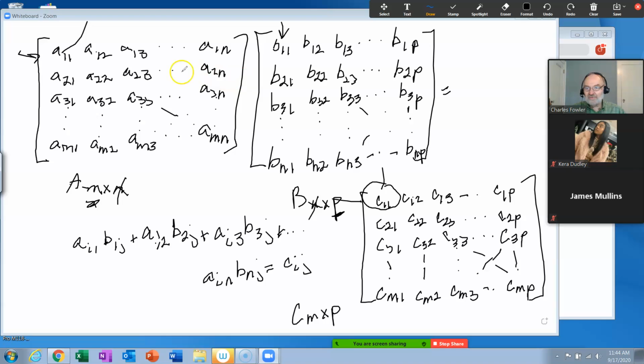To get your C12, you do the first row of A by the second column of B, and so on and so on.